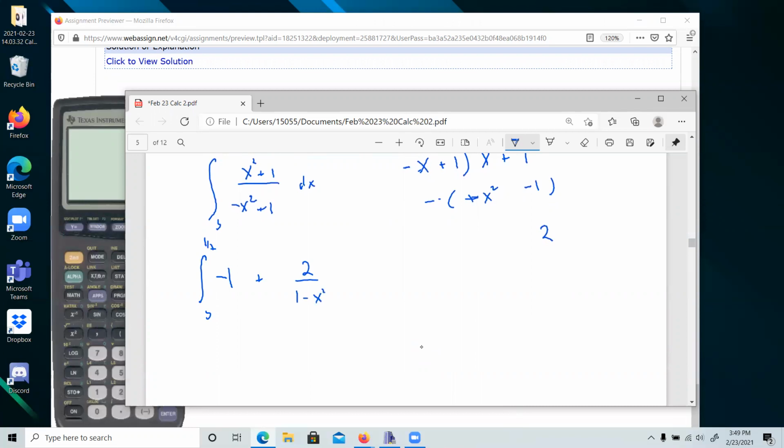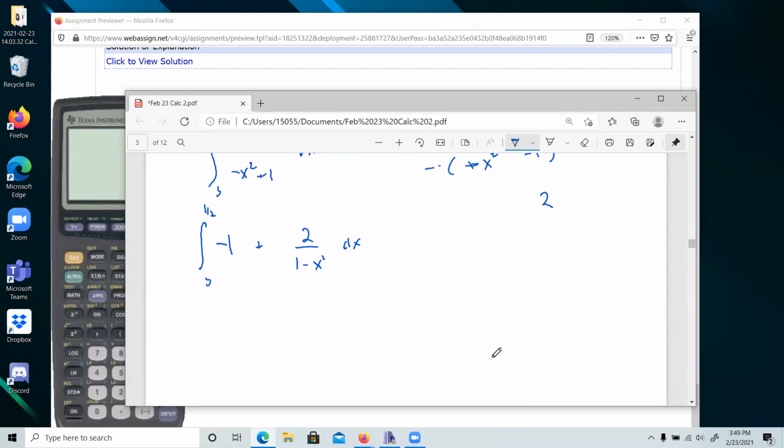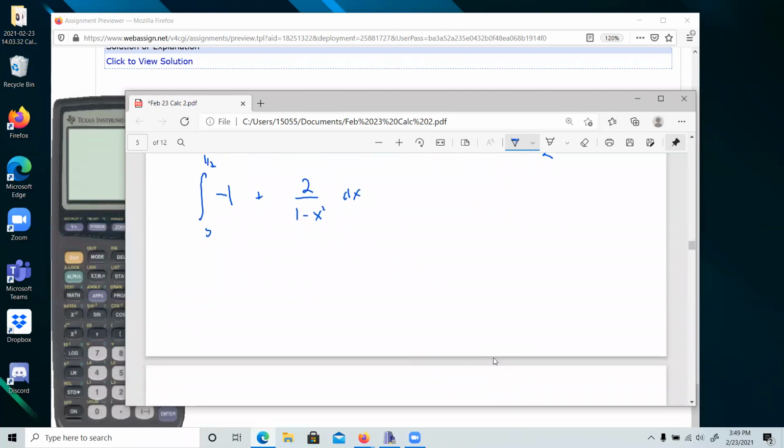I'm going to switch back. dx. Well, again, isn't it great that we knew chapter 7? So we could say that 2 over 1 minus x squared is equal to a over 1 minus x plus b over 1 plus x because of partial fractions. Right?